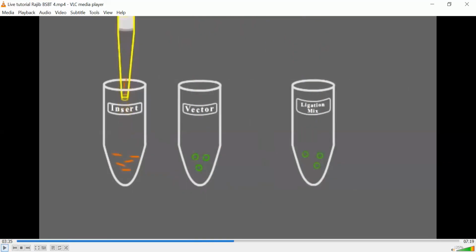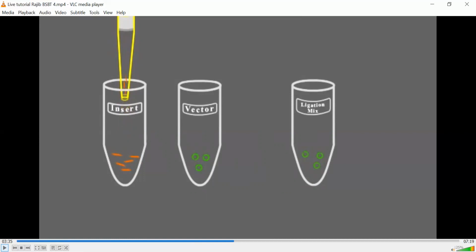But one thing I need to mention, that each and everything that you are going to take using your micropipette, you should always remember not to introduce any cross contamination. That means the micropipette tips you use for taking the vector should be changed before the micropipette is used to take the insert.